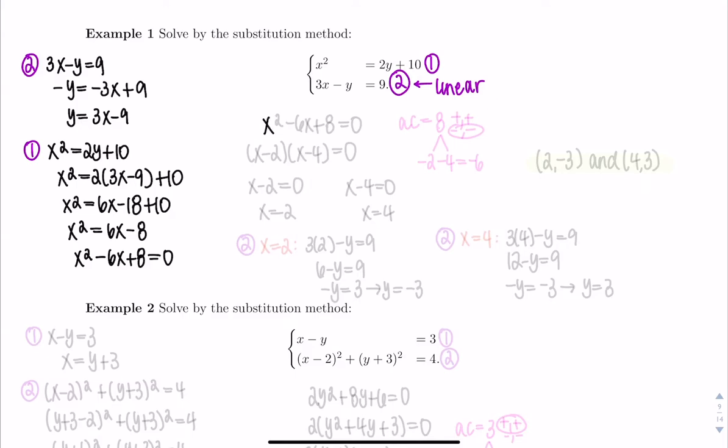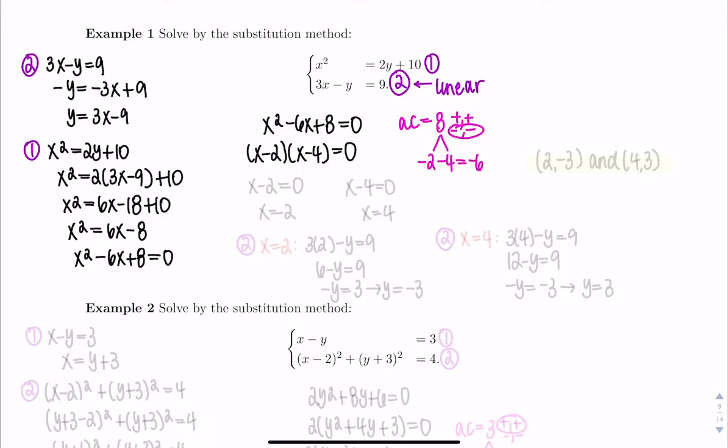AC equals 8. We'll have either 2 pluses or 2 minuses, and since the middle term is negative, we have 2 minuses. Negative 2 and negative 4 would give me negative 6. So we end up with x minus 2 and x minus 4 equals 0.